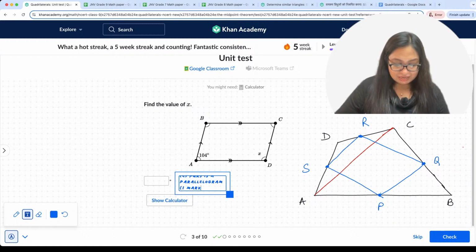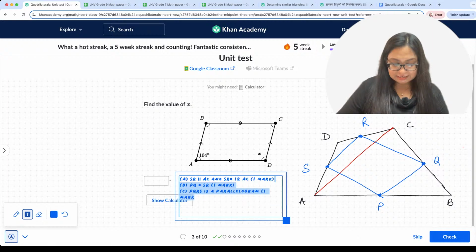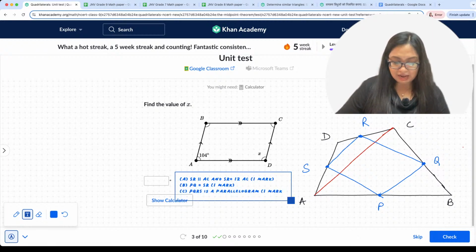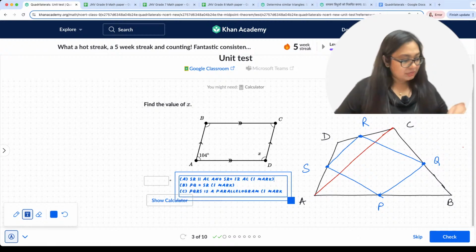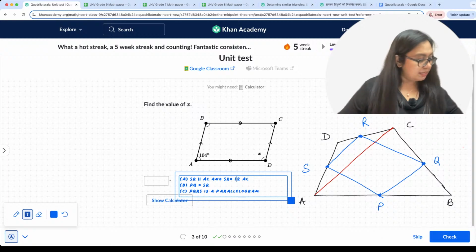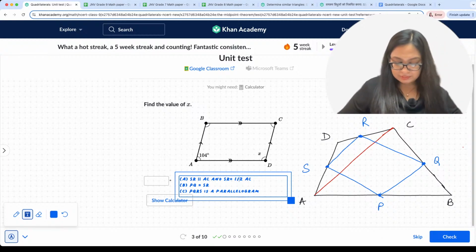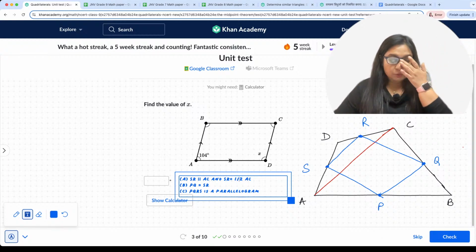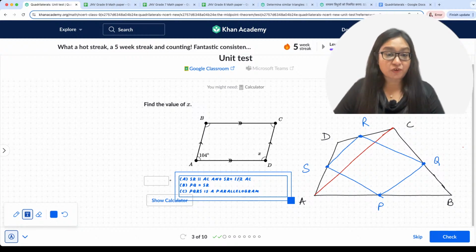So here we have this text. These are the three things we have to prove. Okay. I am going to remove the marks from here. One mark के questions हैं ये. Basically, we have to prove that SR is parallel to AC and SR is equal to half of AC.